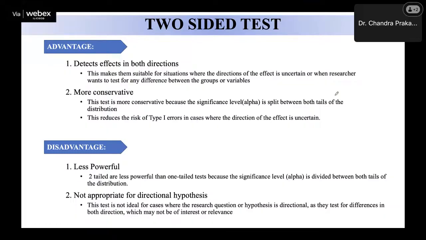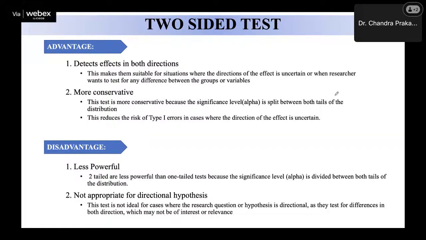The advantage of this two-sided test is that it detects the effect in both directions. Earlier, this was the limitation in the one-sided, one-tail test. It makes them suitable for situations where the direction of the effect is uncertain, or when researchers want to test for any difference between the groups of the variables.